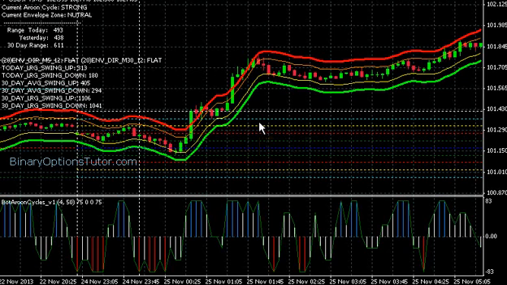So we just keep going out and out to find our resistance, and down and down to find our support, until we've gotten outside of the entire scale of the Murrey Math.